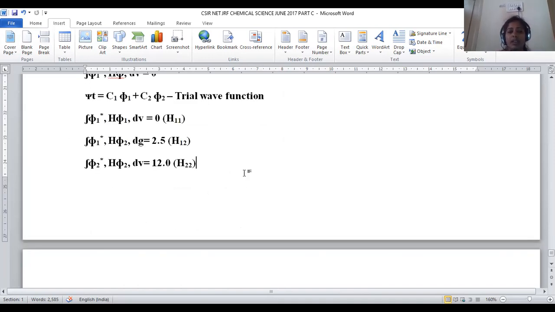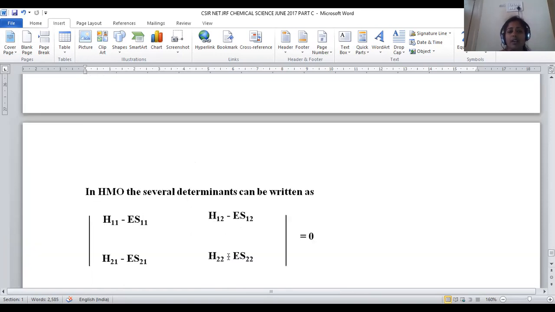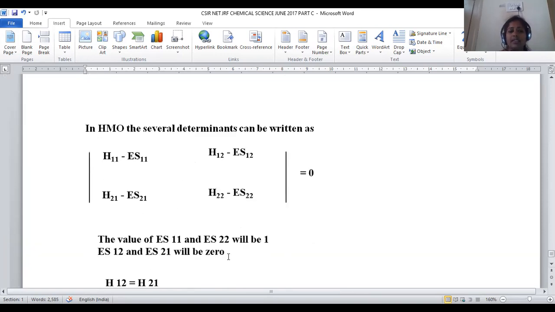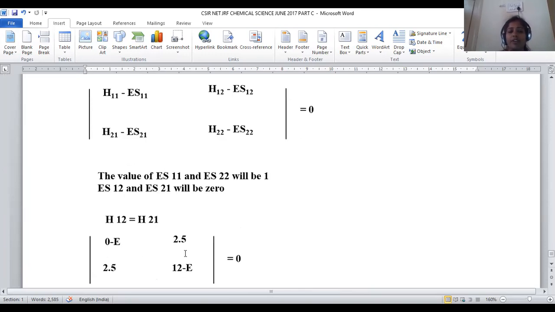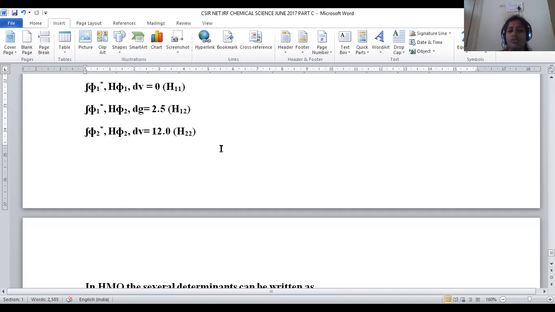Then H21, what is the H21 value? H21 is also considered as 2.5. 1, 2 and 2, 1 are exactly identical, so H21 can be taken as 2.5 only. ES21 is also regarded as 0. So 2.5 minus 0 will become 2.5 itself. Then H22.